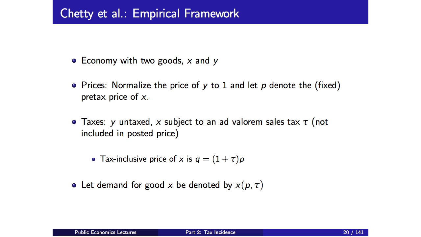So the tax-inclusive price of good X, Q, is given by 1 plus tau times P. So this is an ad valorem tax, right? Like if the sales tax rate is 5%, it's going to be 1.05 times the price. And we're going to let the demand for good X be denoted by X of P comma tau. So that's a simple notational thing, but notice how it's different from the standard model where we usually write X of P plus tau.